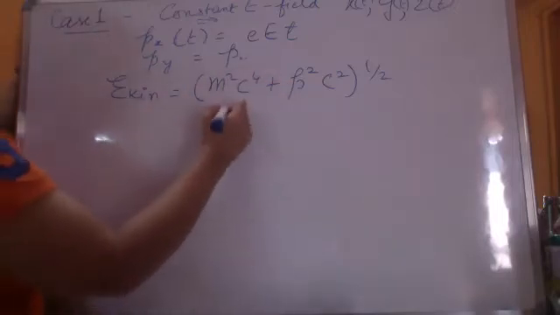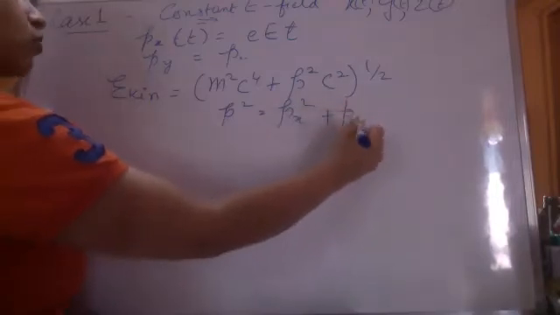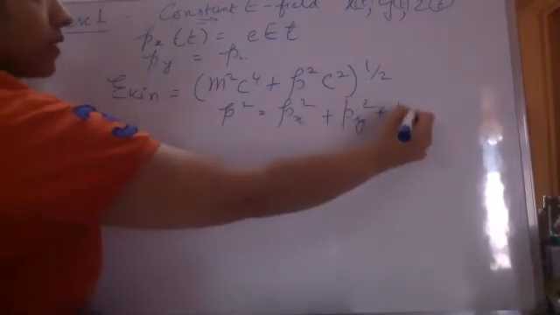What is p square? p square is px square plus py square plus pz square.